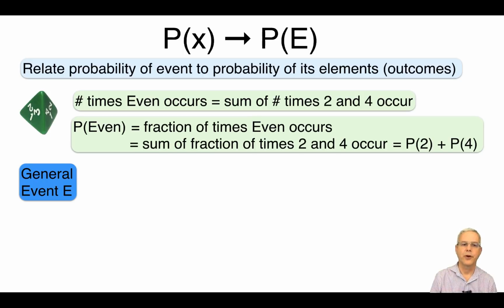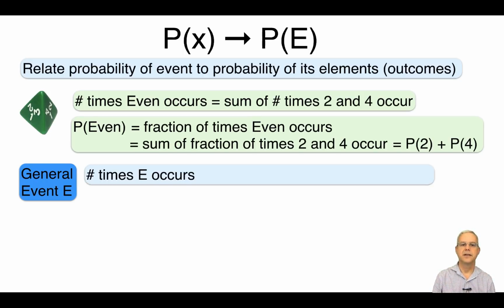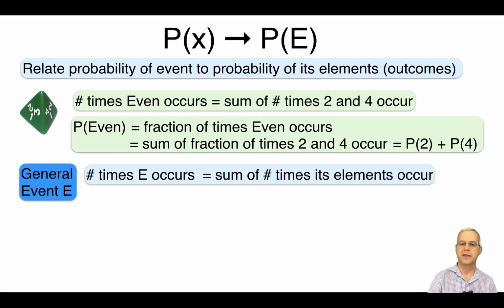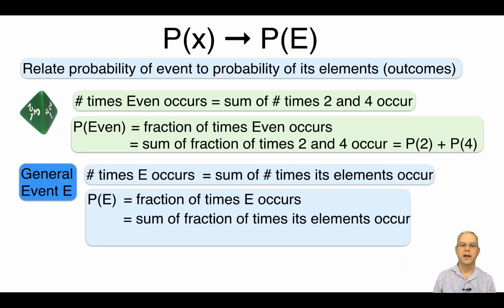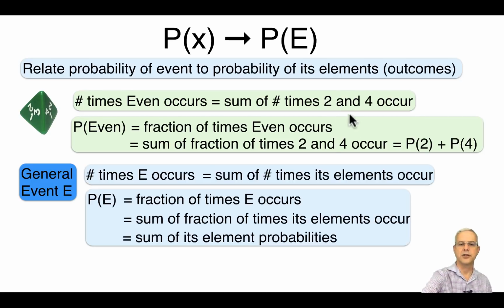Similarly, for a general event E, the number of times that E will occur will be the sum of the number of times that its elements will occur, just like we had it here. Okay, and therefore the probability of the general event is going to be, as we defined, the fraction of times that this event E occurs, and this is going to be the sum of the fraction of times that its elements occur, and the fraction of time that each element occurs is the probability of this element, so it's a sum of its element probabilities.